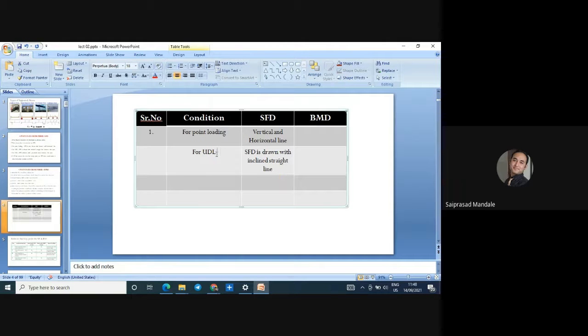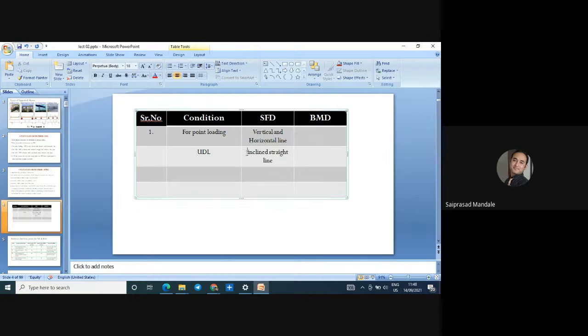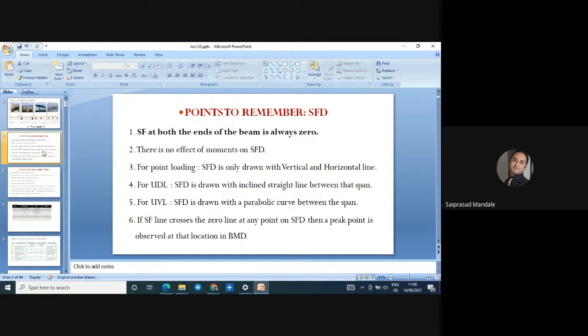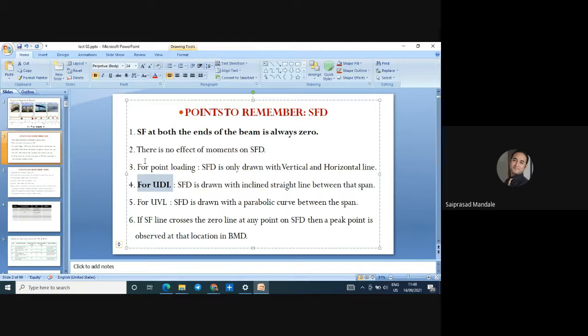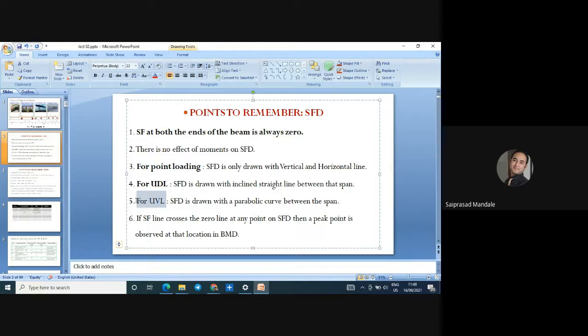When there is a UDL, the shear force diagram is drawn with the inclined straight line. Inclined straight line is important. This is the first case, this is the second case, and this is the third case.